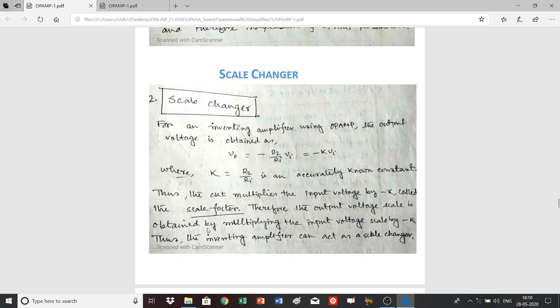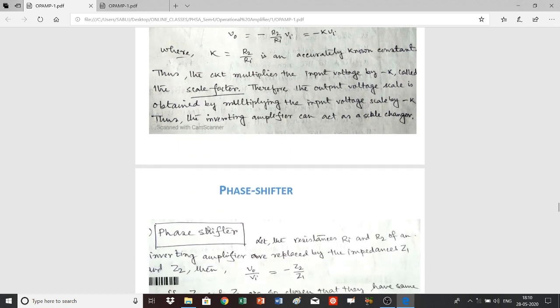In this way, an inverting amplifier can act as a scale changer.